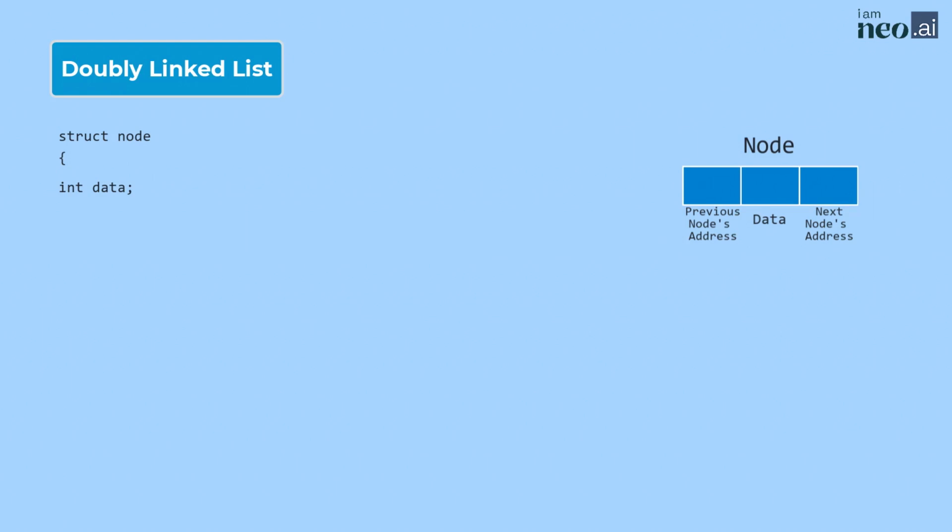Next one is the previous node: struct node star previous, the previous node's address, that's why it is a pointer. struct node star next, which is the next node address. And finally I have to terminate a structure with the help of a semicolon. This is how a node can be defined.